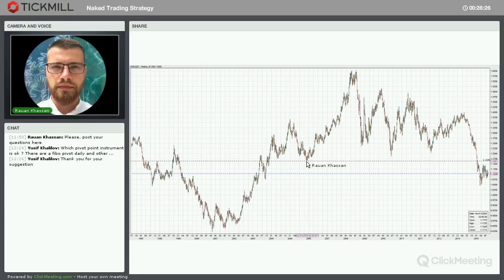The first obvious static level is set at the level 1.1638. It's obvious thanks to the low of November 2005, when this minimum level was rather obvious.